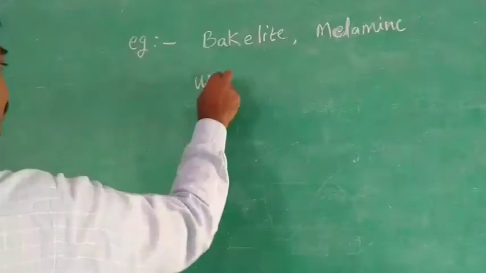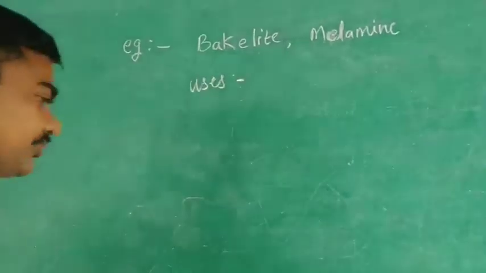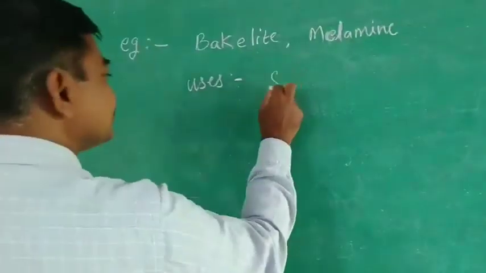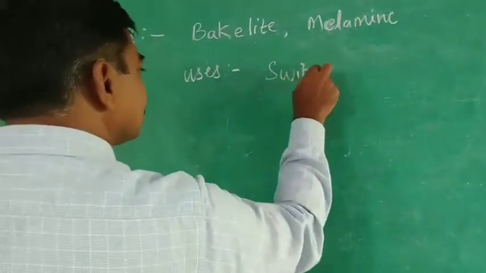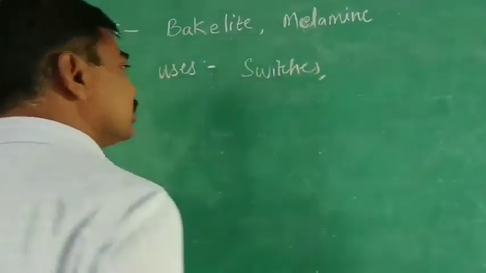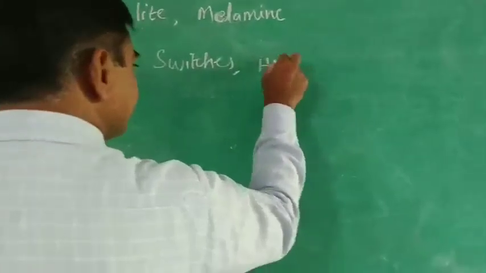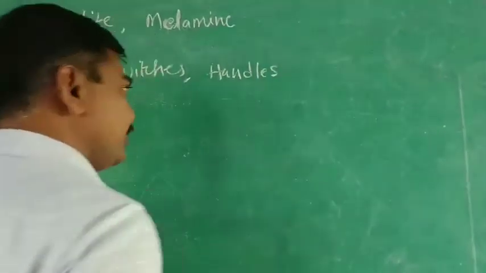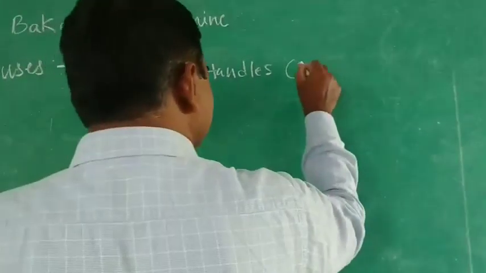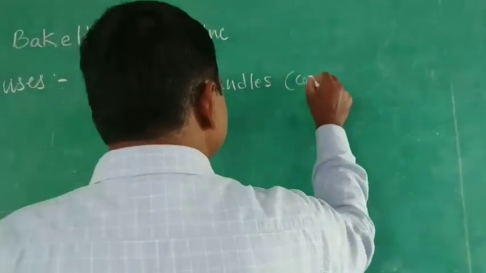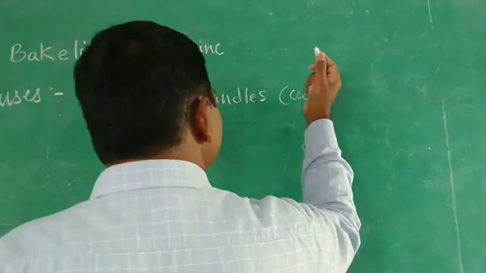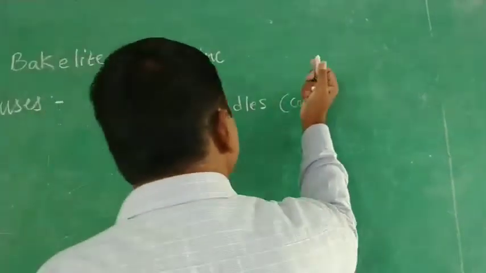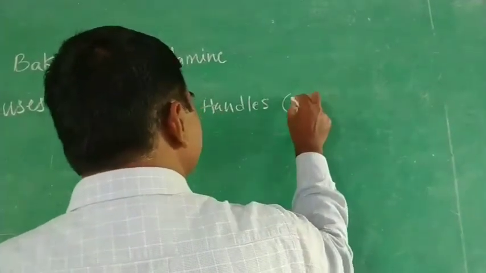Then the uses. What are the uses of these? Switches, handles. Here you can write cooker, handles of utensils.